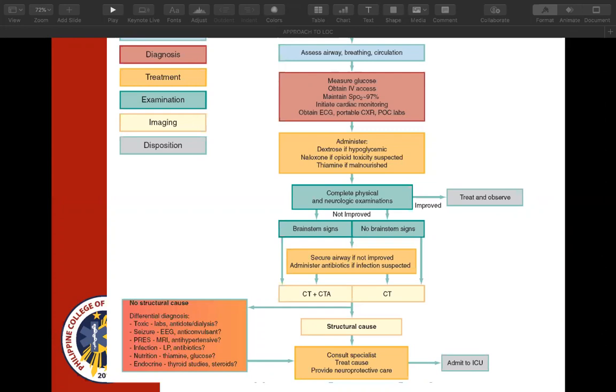Once you have stabilized everything and the patient's condition does not improve, you get a clear picture of the brain. Then if the brain is clear on the CT scan, you look for other non-structural causes of depressed consciousness. Okay.